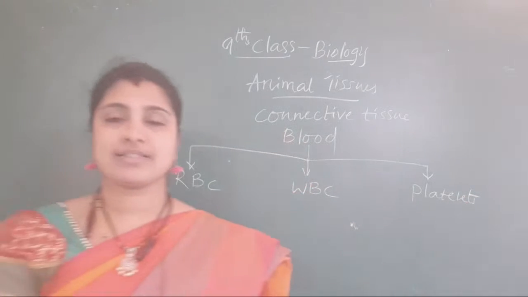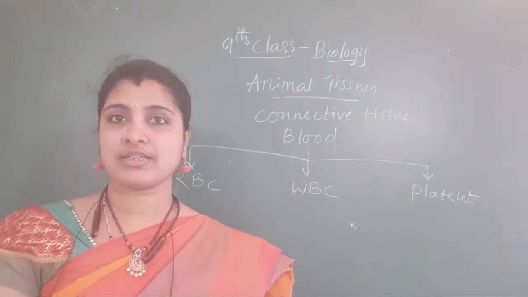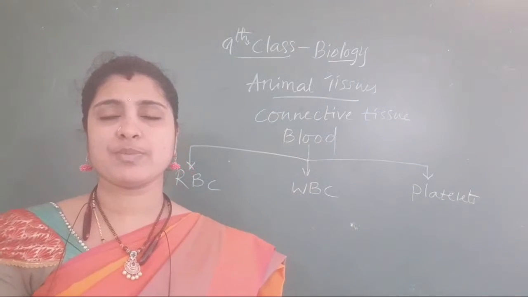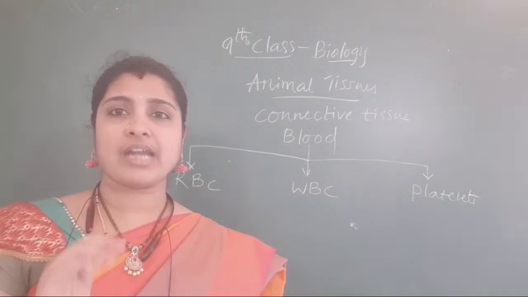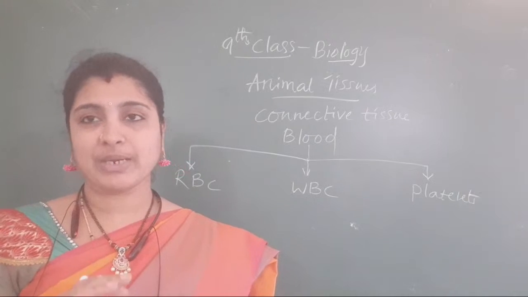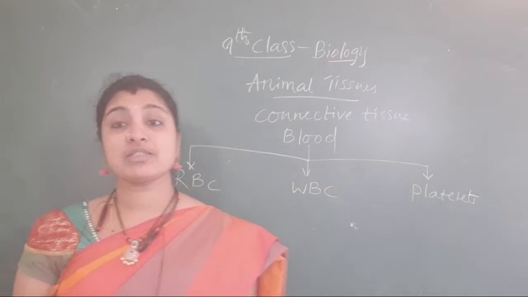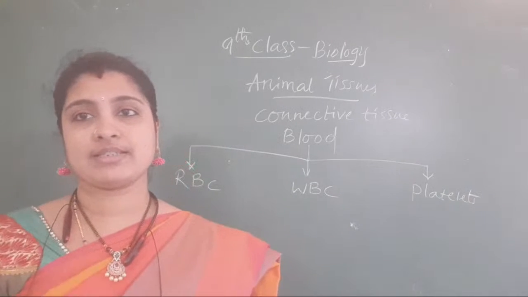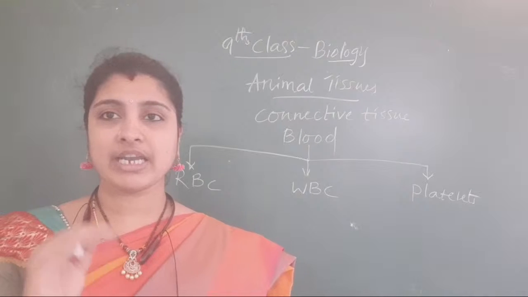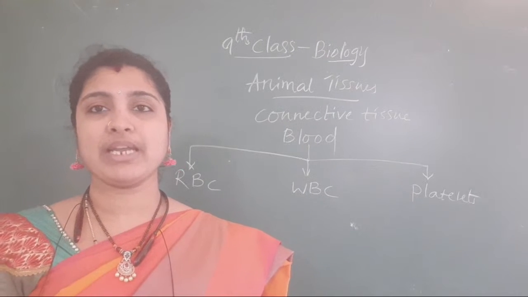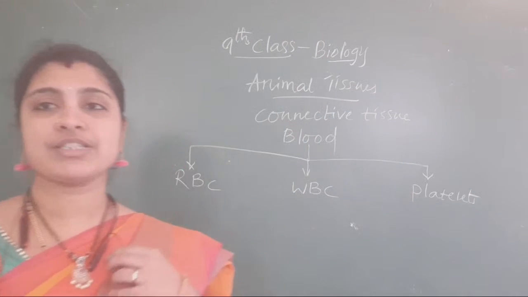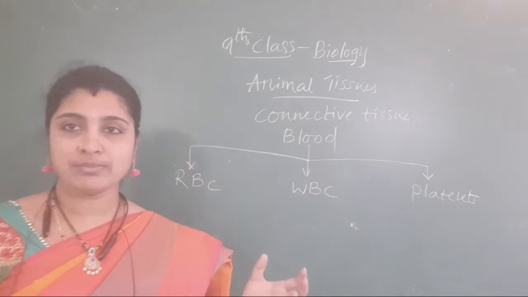RBC, red blood cells, are nothing but erythrocytes. They are red in color because of the presence of pigment hemoglobin. Their lifetime is 120 days. In the embryo stage, they derive from liver and spleen, but in the adult stage, they are produced from bone marrow.